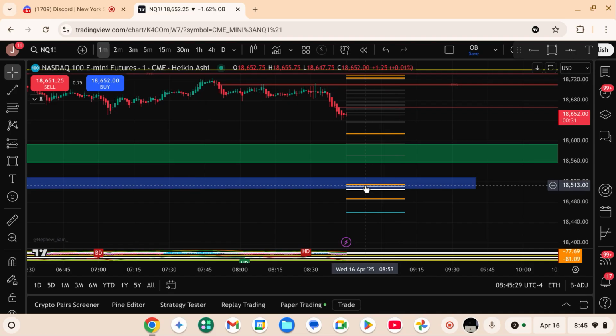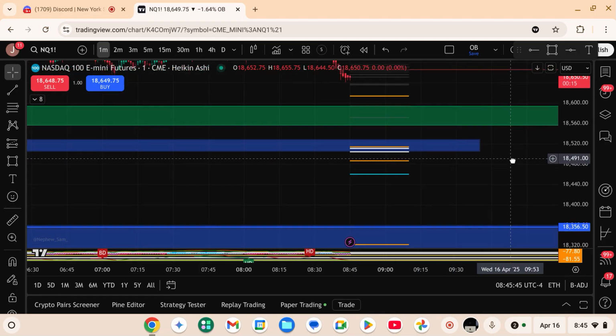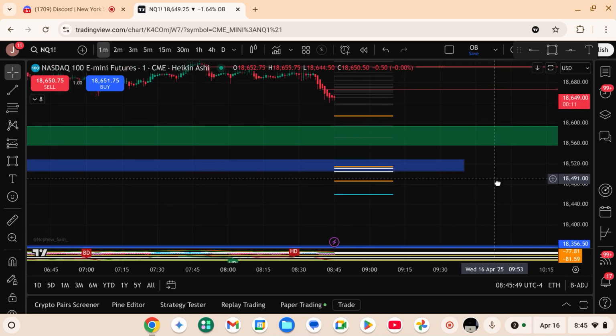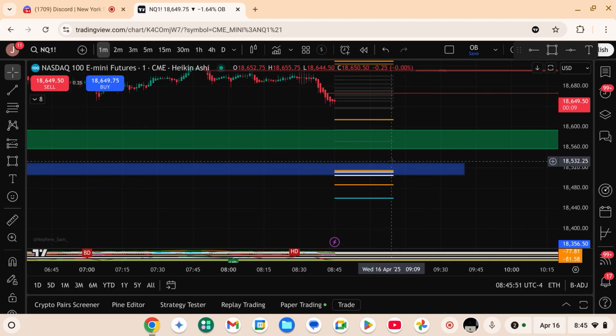So we got a 4 hour low and a higher low, and we got a 1 hour low, all in this order block here. So that's a lot of liquidity that needs swept.